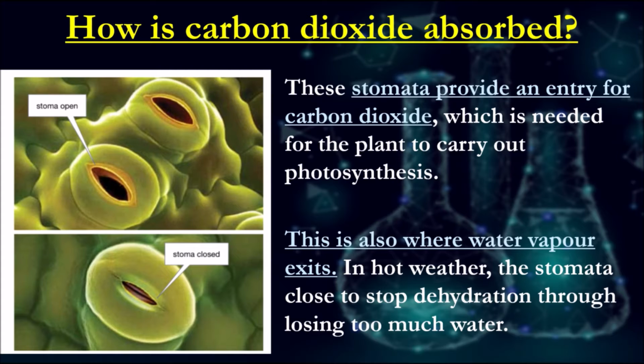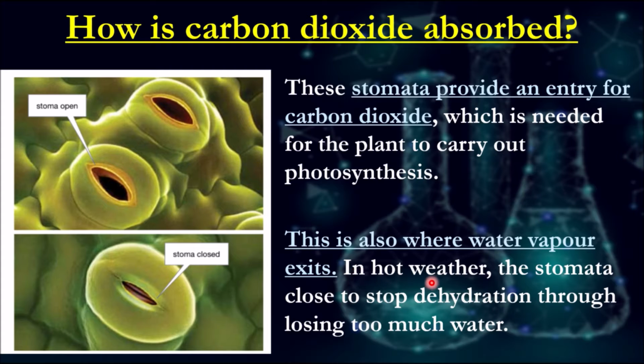Moving along, let's actually look at how carbon dioxide is absorbed in photosynthesis. Plants have what we call a stomata. It provides an entry point for carbon dioxide to enter, and also the same location where water vapor exits through this gap here.